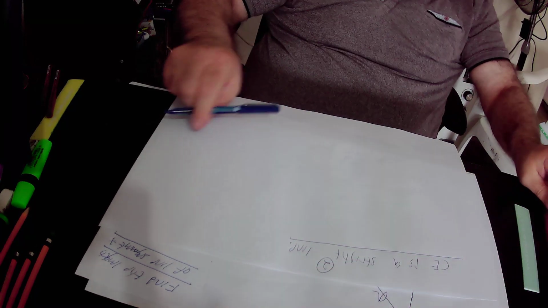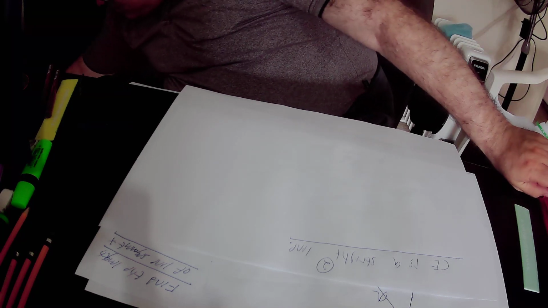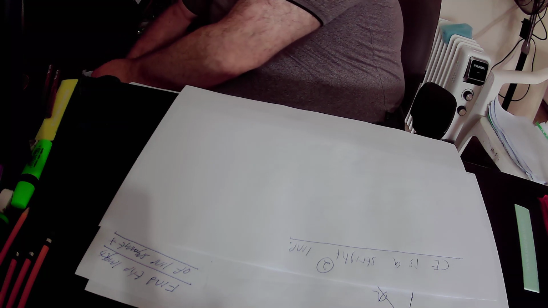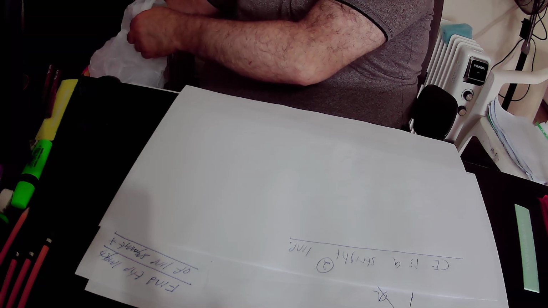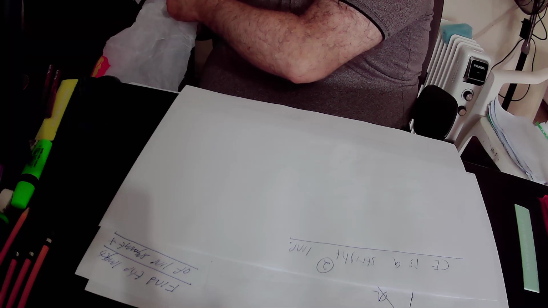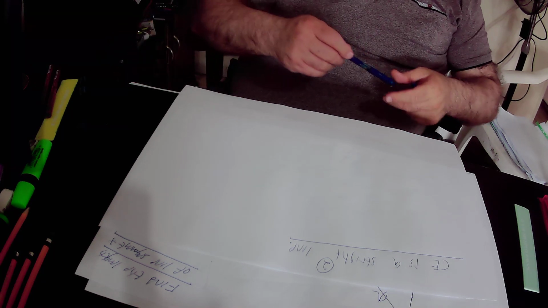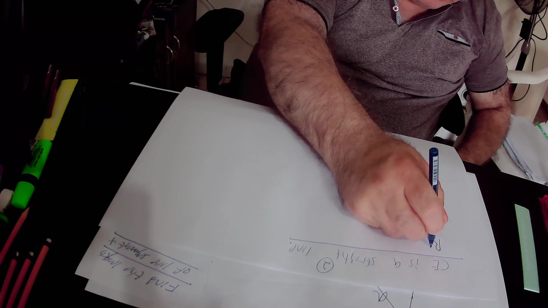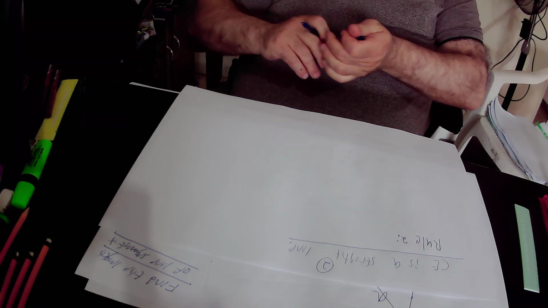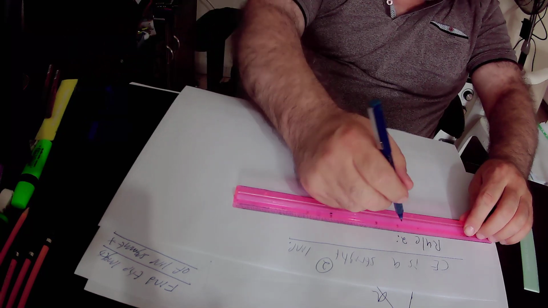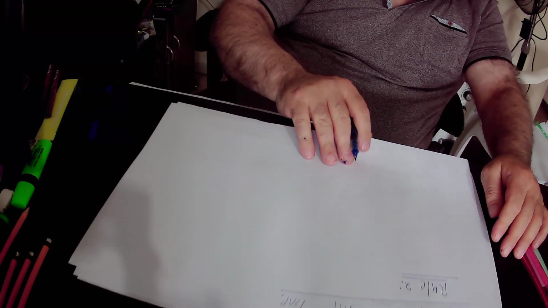So CE is a straight line, and we have rule number 2. According to rule number 2, the sum of the angles on one side of a straight line is equal to 180 degrees. I'll write it down.